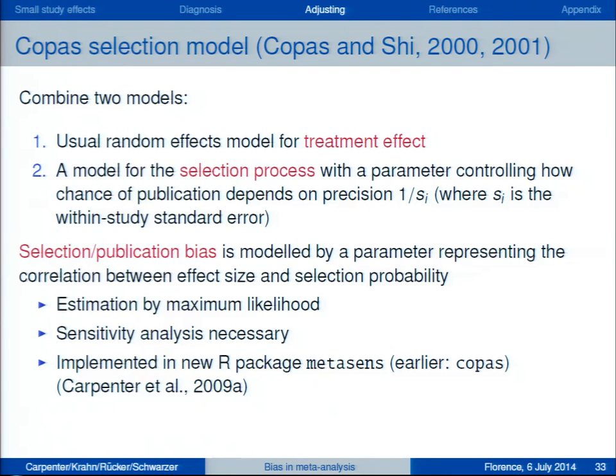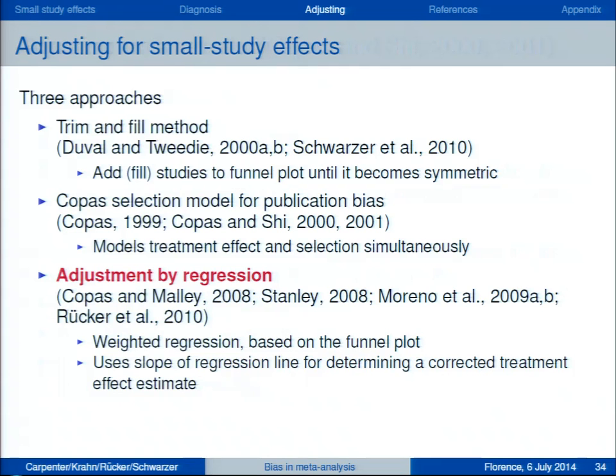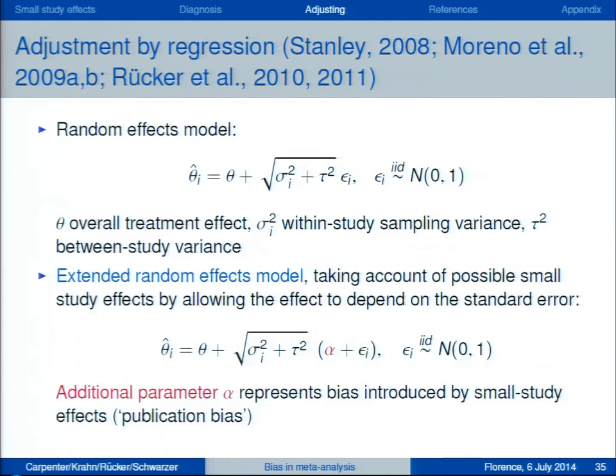And you will find there a reference by James Carpenter and the other 2 of us showing how we have realized this in R. And the last method, adjustment by regression, is also realized there. So I will skip this slide because it's very technical.